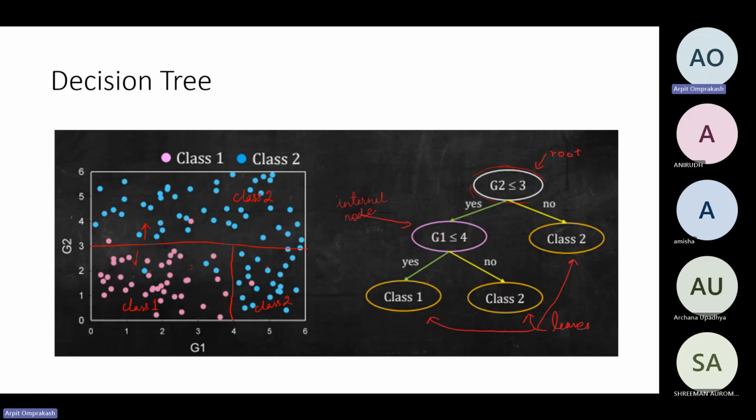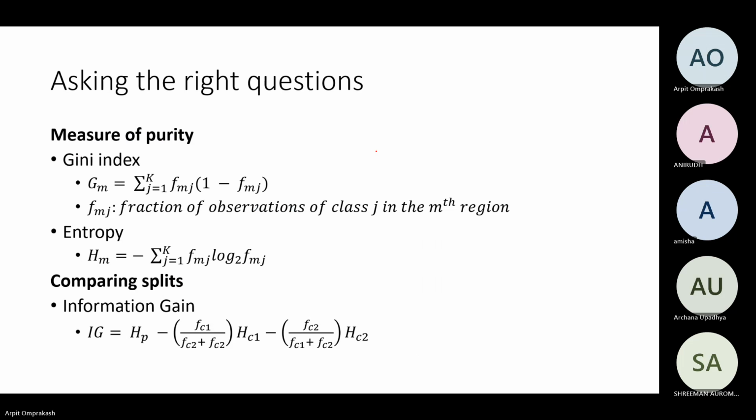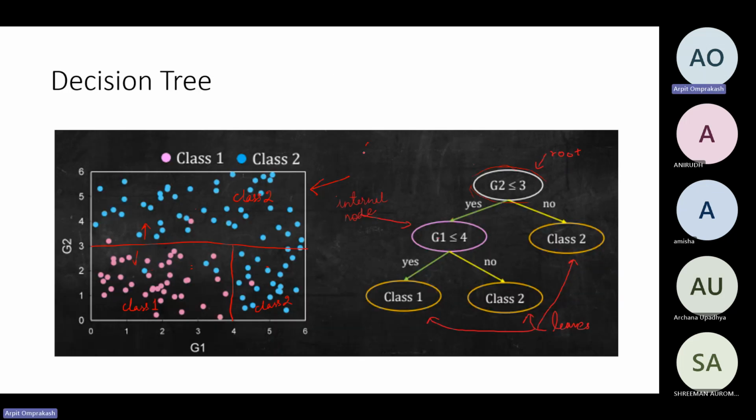Let's say we are talking about this upper region here. Let's say this is region 1, this is region 2, this is region 3.